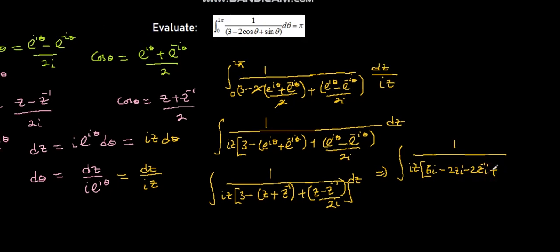Then we have plus z minus z inverse, all divided by 2i, and this is dz.